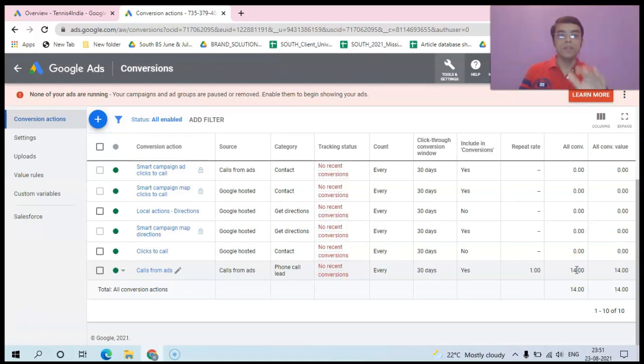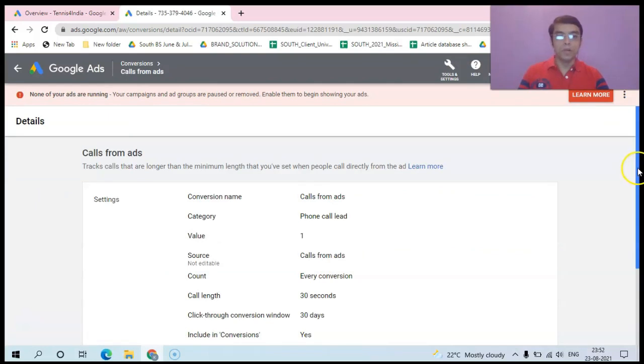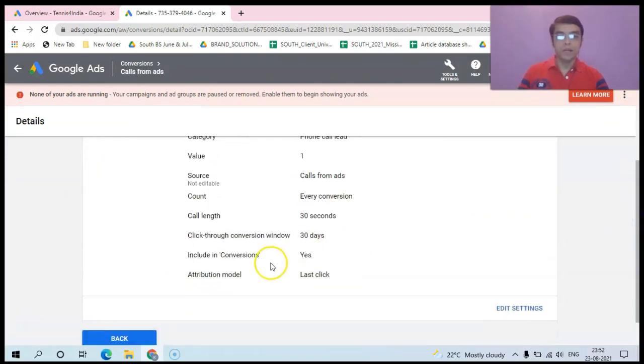That was the definition given to Google for this conversion. Let me also check what attribution model I gave. Here, last click was the attribution model, meaning the last click was given more importance.